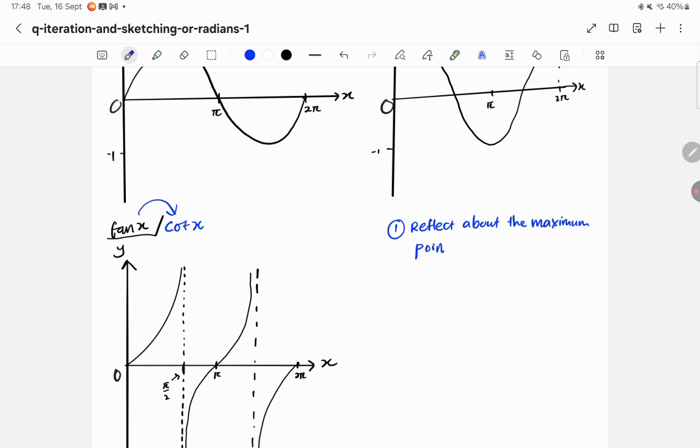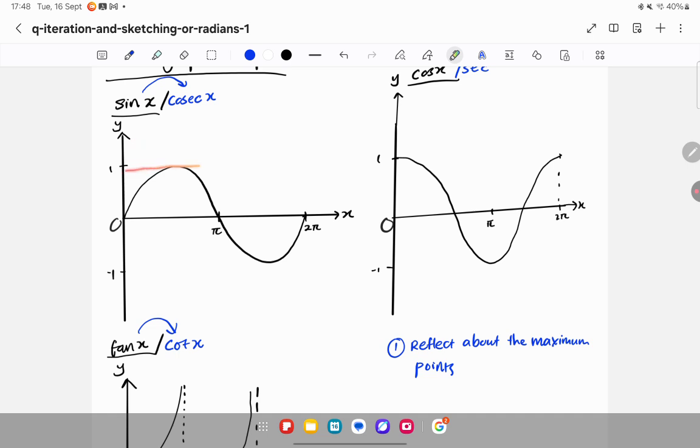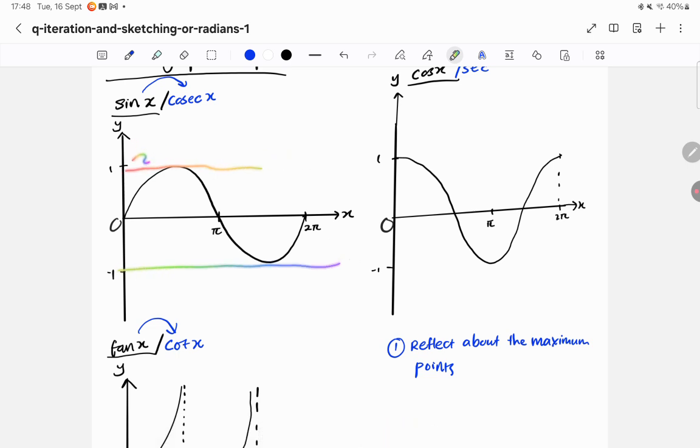Let's have a look at our sine x graph. Why don't you pause the video and try to point out where the maximum points are? If you found them correctly, they should be here and here. The next step is to draw yourself a mirror across these two lines, across these two points, and reflect about those lines.